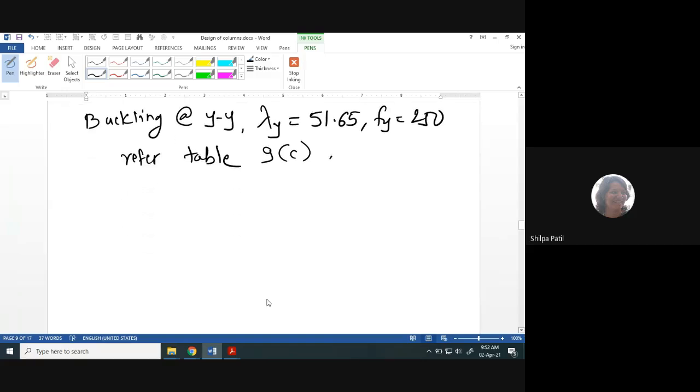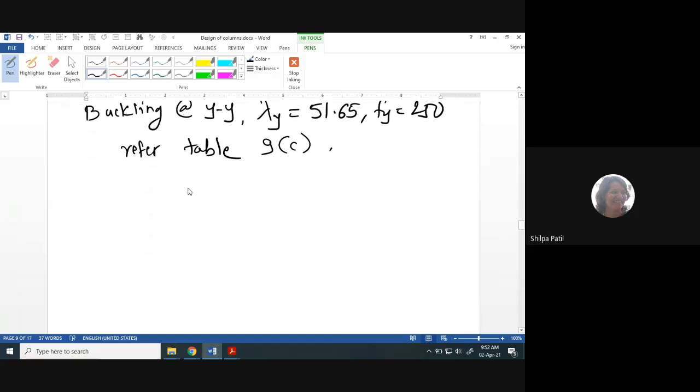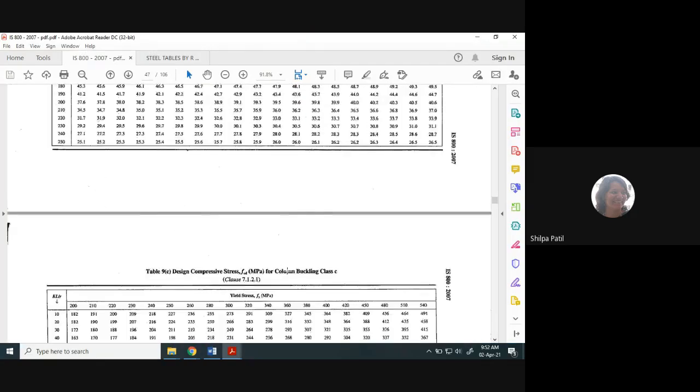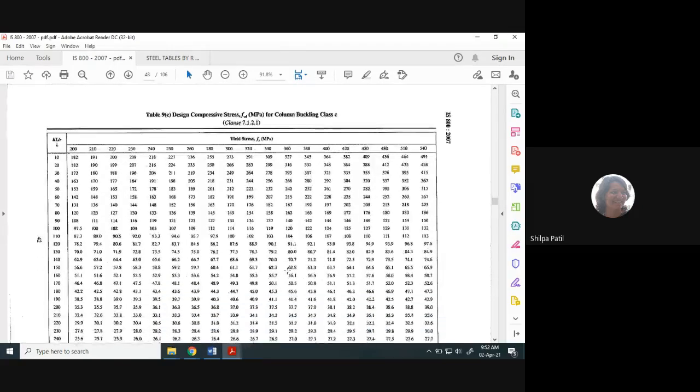So again from table 9C, tell me now the FCD value for lambda equal to 50 and 60, because this value is again lying between 50 and 60. You have to refer to table 9C because our class of buckling is C. So I will go to the next page, table 9C.